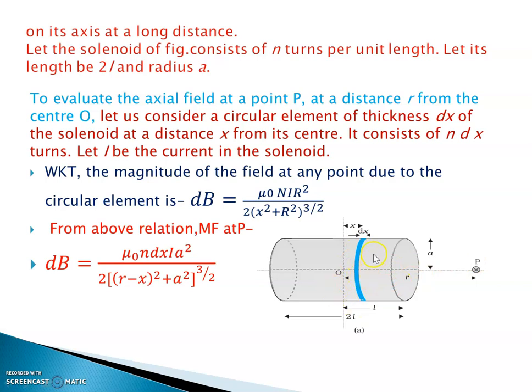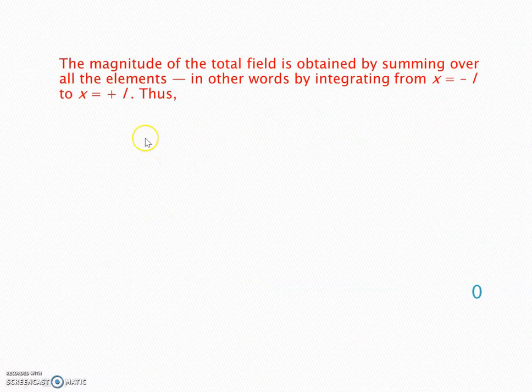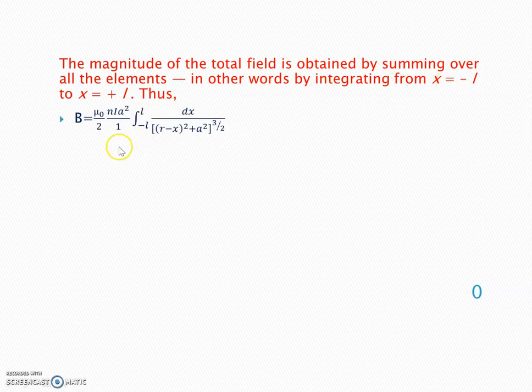Now we have to find the magnetic field due to the entire solenoid at point P. For this, we will integrate the above relation between the limits minus L to L, and we will have this relation.